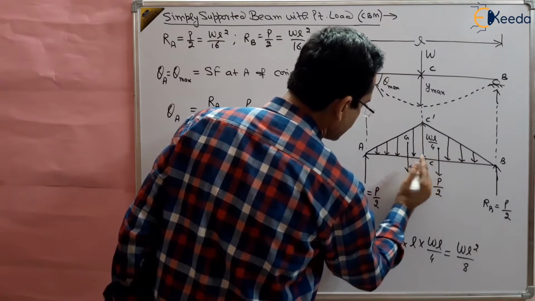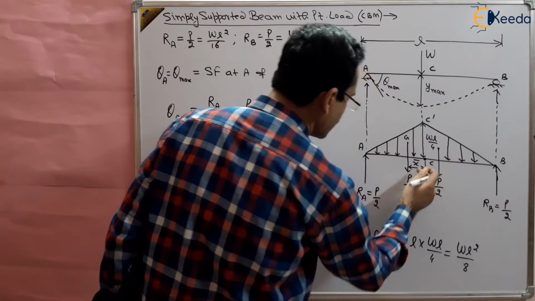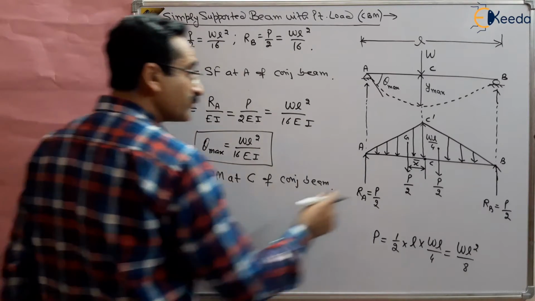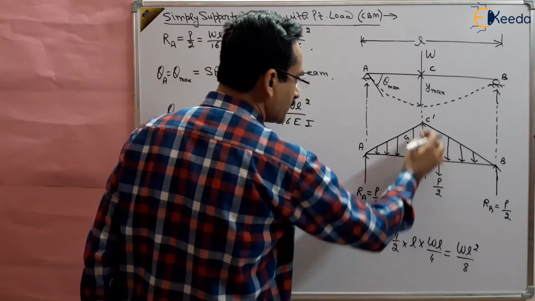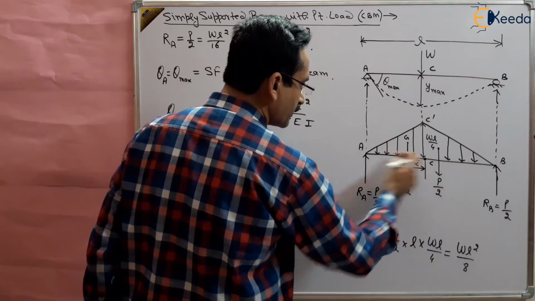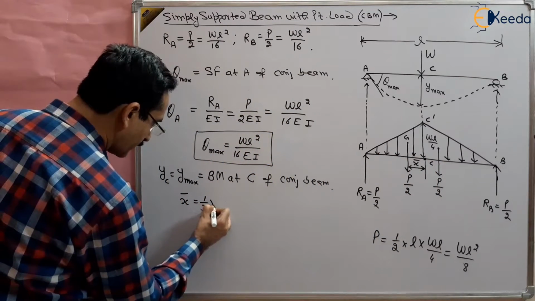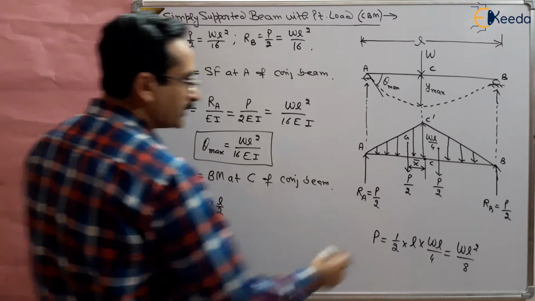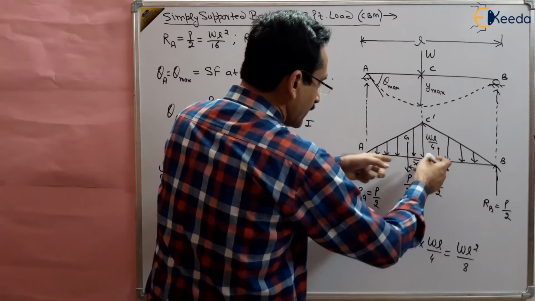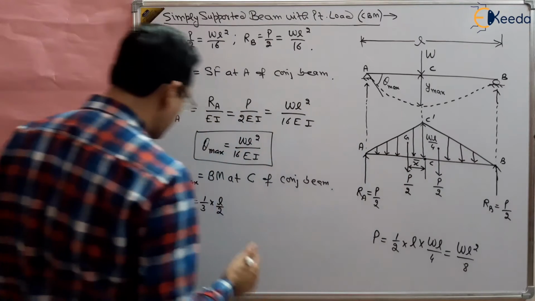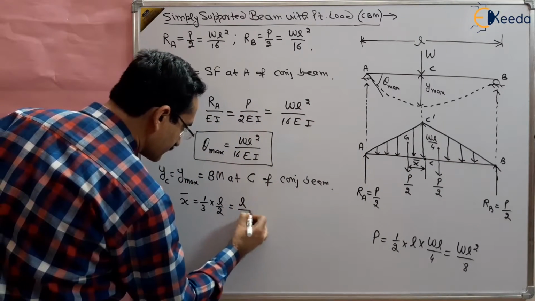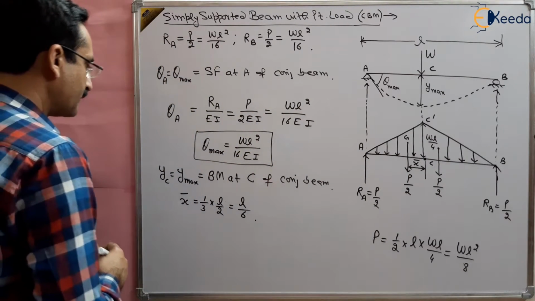So X bar is 1/3 of the total length, which is L by 2. The total length of this AC is L by 2, and 1/3 of that is X bar, right? So this is equal to L by 6, right?